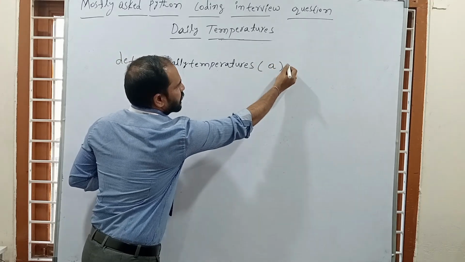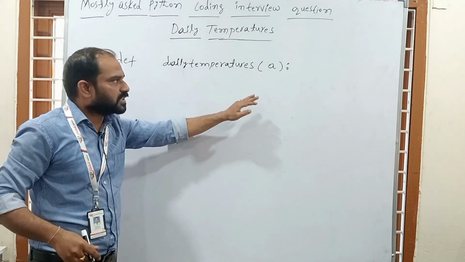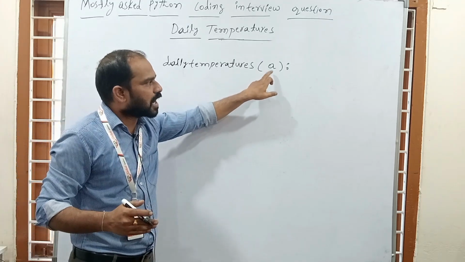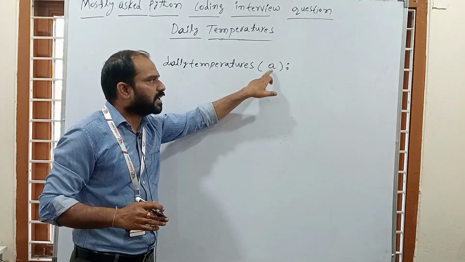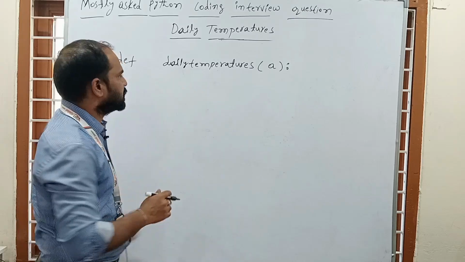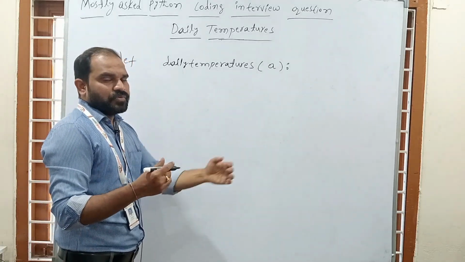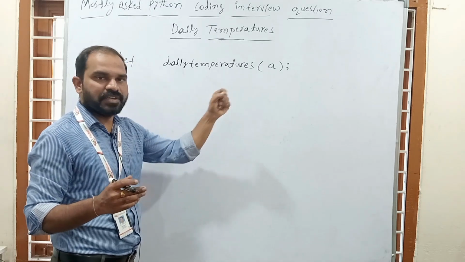Here I will pass a list. I am specifying one parameter, because I am going to pass a list of temperatures as an argument to this function, which will get assigned to this particular parameter variable a. Then we create one answer list which has an equal number of elements as the input list.